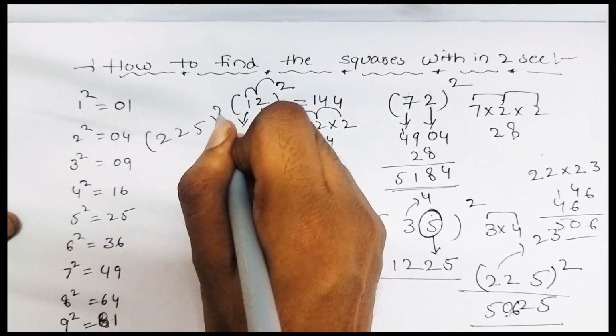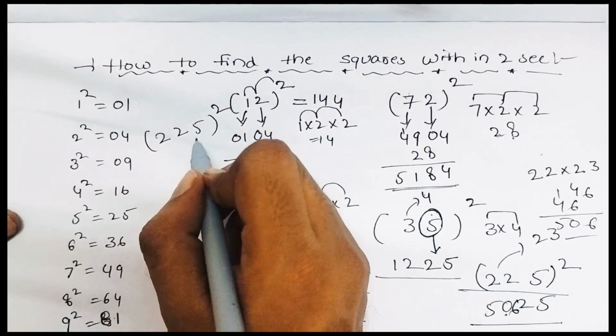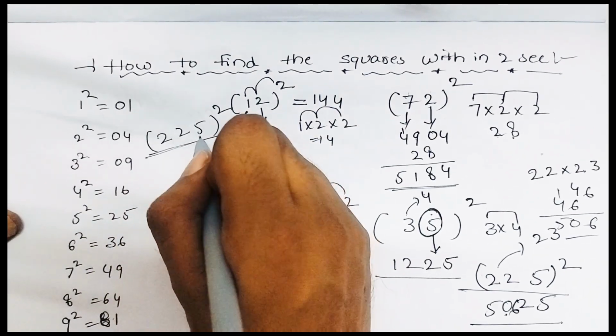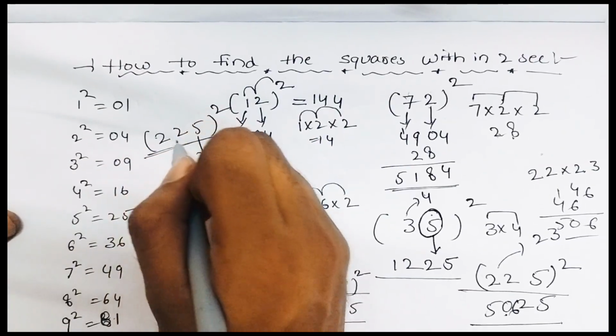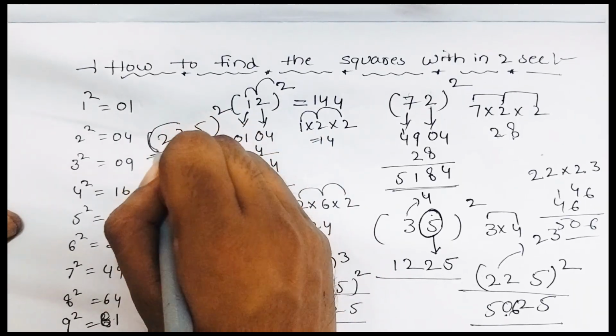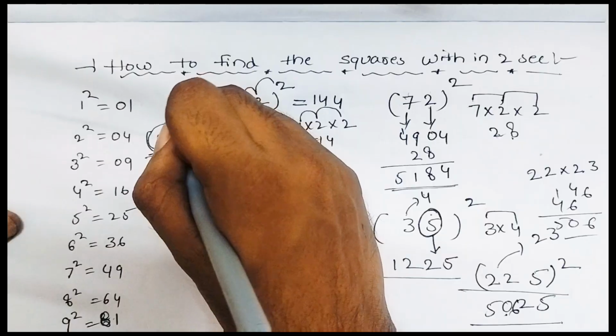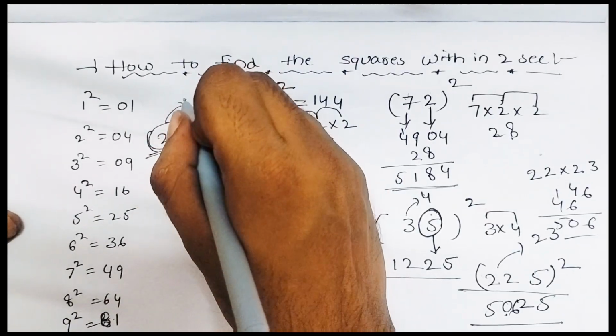225 whole square. That is 5 square, 25, and 22. We take 22 and the number after it, 23.